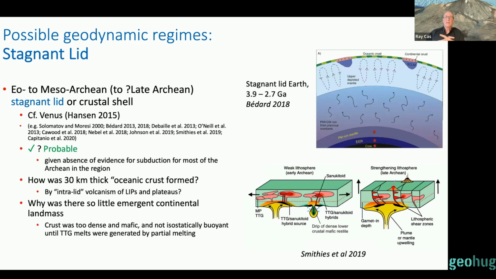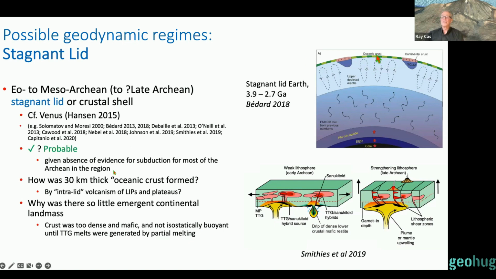Now that then gets us to that next stage of evolution, which involved the formation of a continuous crustal shell, which is also called a stagnant lid. So basically from the early to at least the middle Archean, it seemed as though there was just a single continuous crustal shell around the whole Earth, as depicted here in this diagram from Bédard et al.